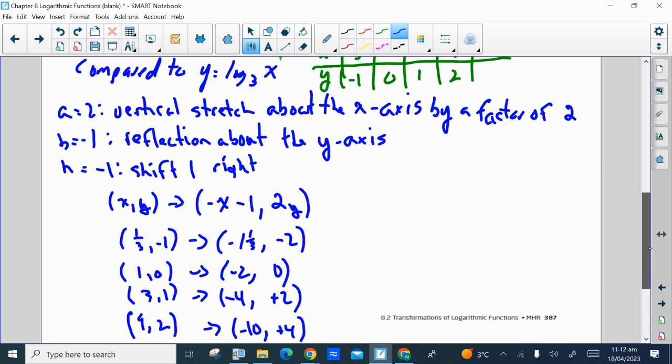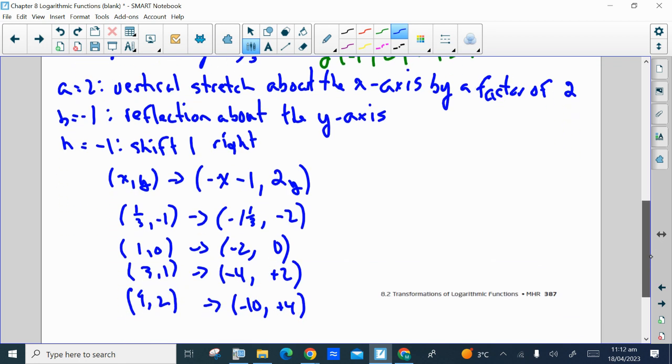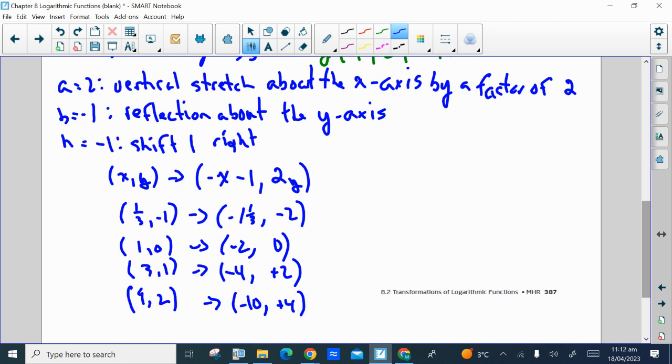So I've got some things to fix here. The mapping notation will be -x plus 1 because it goes 1 to the right. So that's going to change all these x values as well as my asymptote.